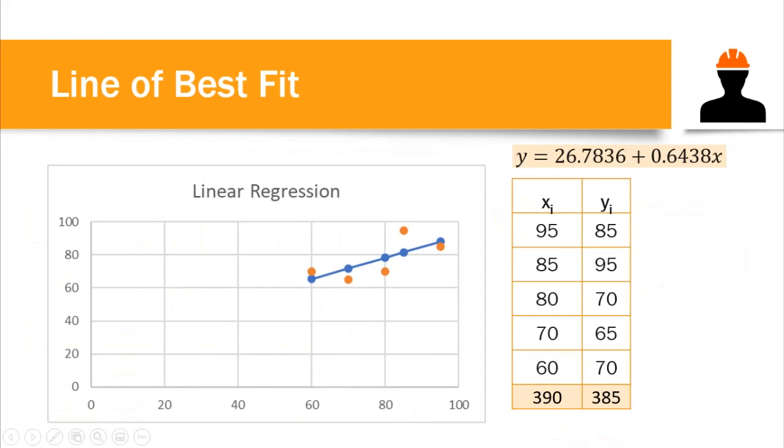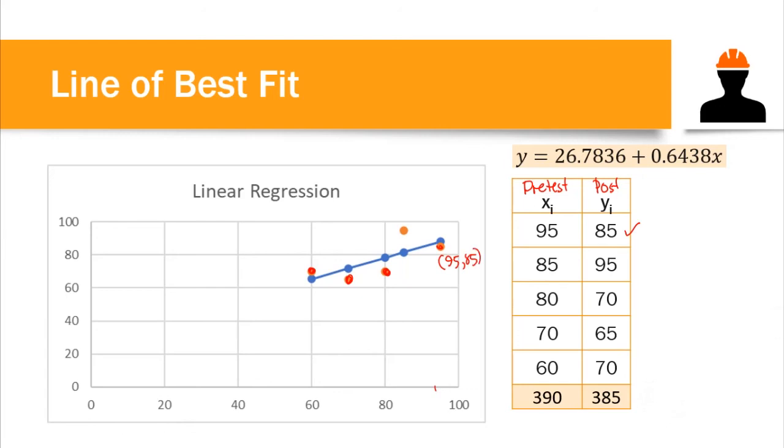Now if we try to plot our data, we have again this data here, pre-test and post-test grade. So if we plot this, these red dots here are our scatter plot. We have the first coordinate here, 95, 85, so 95 x and 85 y.